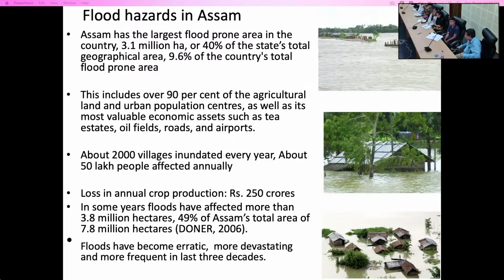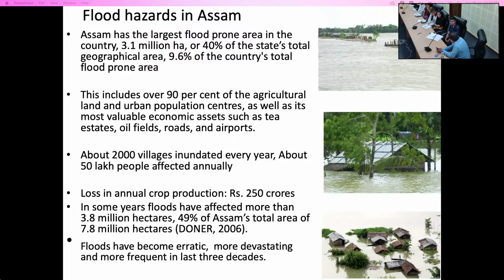But why I am showing this information to you has a different reason. This is an estimate that was made by the Rashtriya Bar Ayog or National Flood Commission back in 1980, 4 decades before.